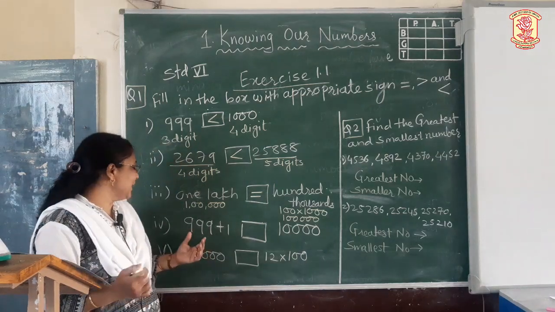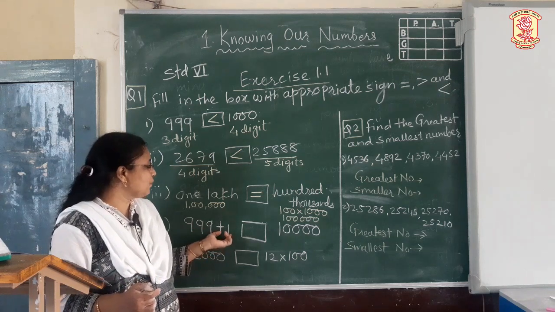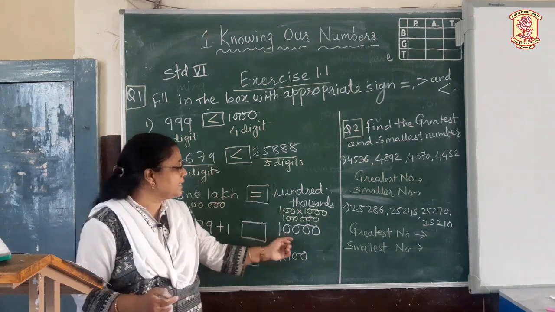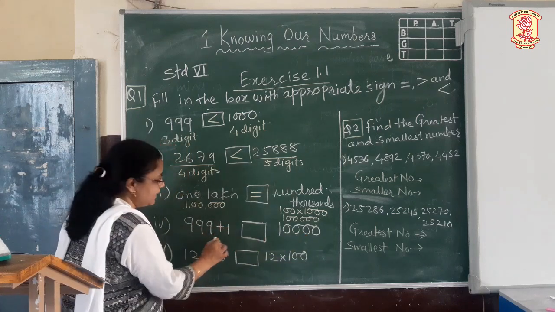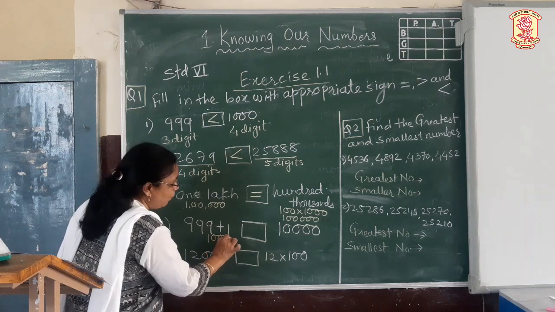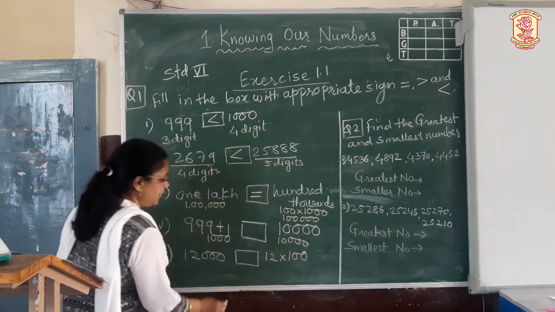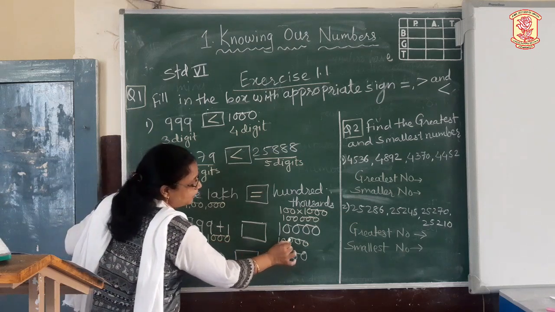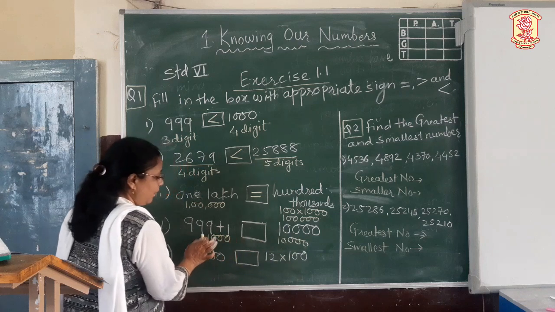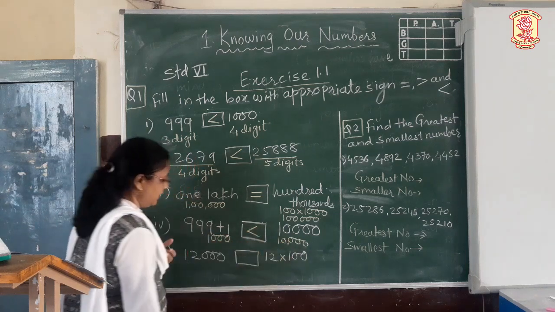Now next question. 999 plus 1 and this is 10,000. 999 plus 1 means how much? That is 1000 and this is 10,000. Now see, 1, 2, 3, 4 digits here, and here 1, 2, 3, 4, 5 digits. 1000 is smaller than 10,000.